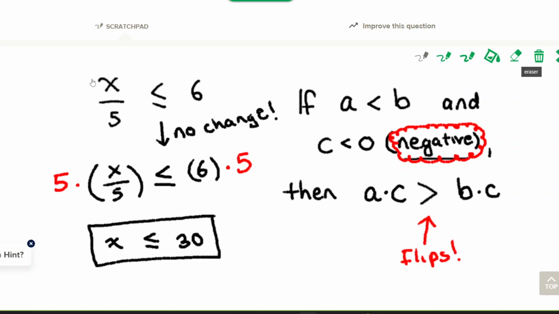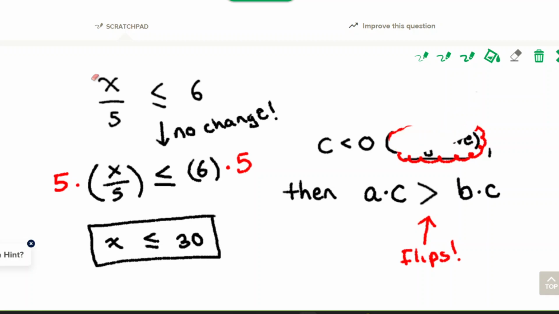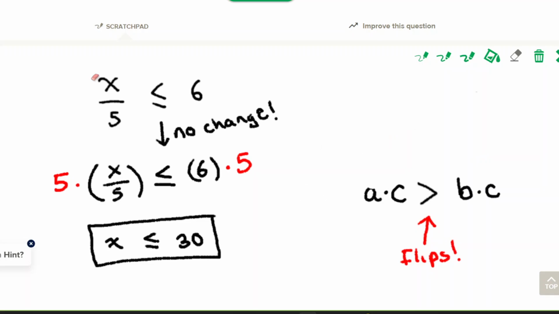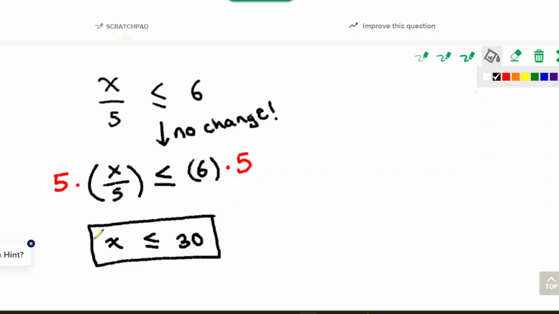All the numbers I could replace x with and make the original statement a true statement. Now, the title of this practice is checking solutions to inequalities, right? So I am going to actually show you how we would do this. Let's take all these numbers less than or equal to 30, and let's test some out.